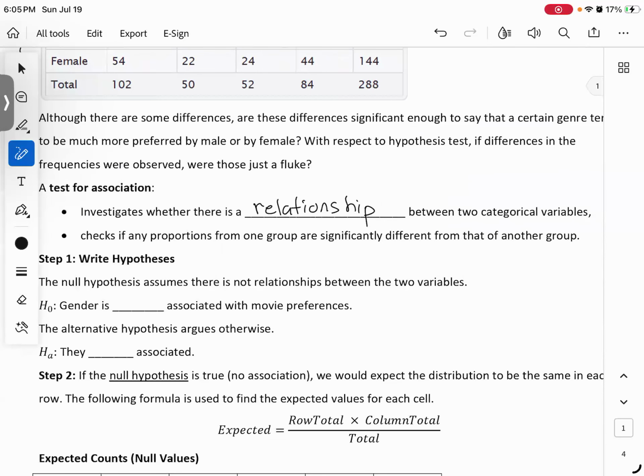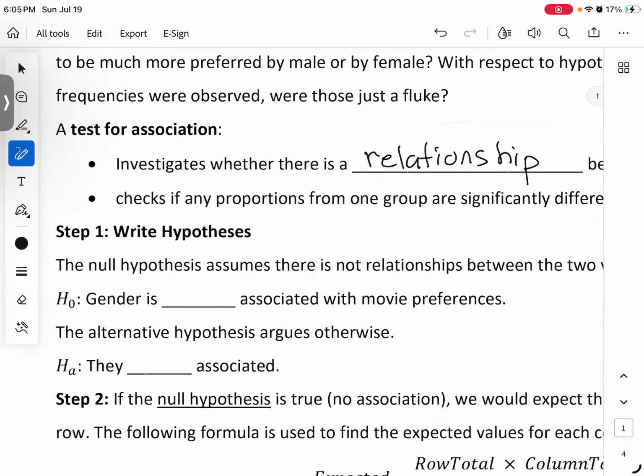When we write the null and the alternative hypothesis, usually we've been using parameter notation ever since chapter 4, but this is one of the few sections where we actually write it out in words, in sentence form. So the null hypothesis is first going to say, it doesn't matter whether you're male or female. You're going to like different types of movies about the same as the other gender.